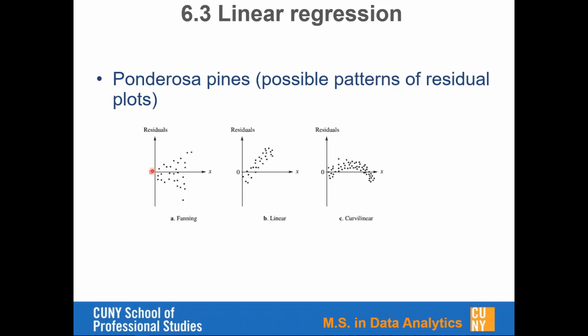For the first one, the fanning shape, it means that as x becomes bigger and bigger, your error becomes bigger and bigger as well. So your error distribution is not random, which violates the linear regression assumption. In that case, the model could potentially be misspecified, right?